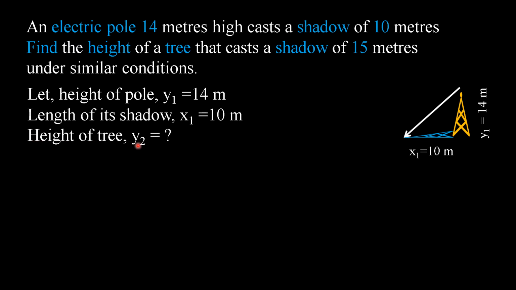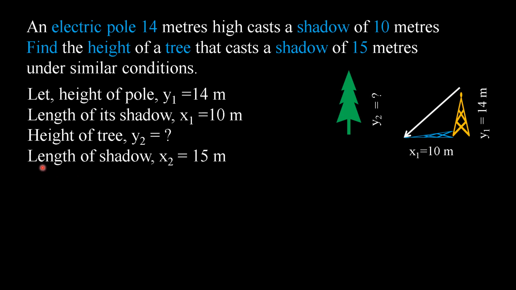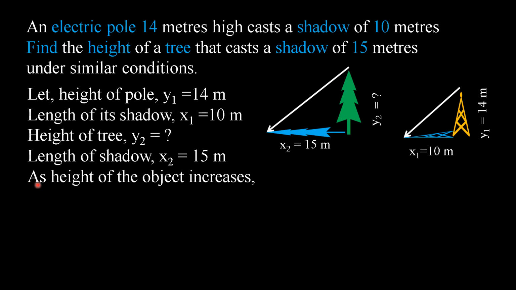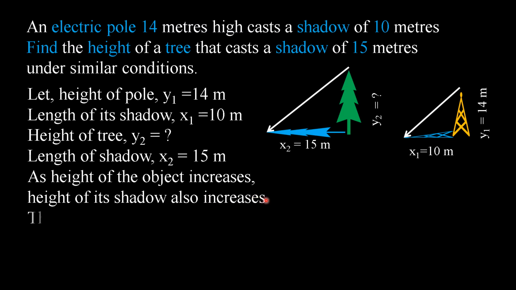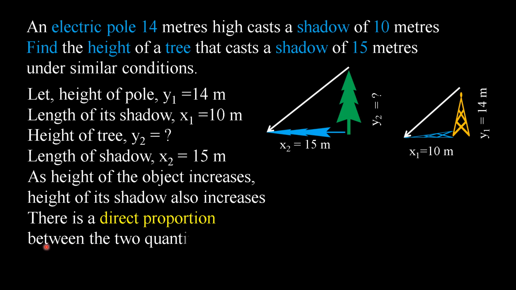Height of the tree y2 we have to find out. Given that length of the shadow x2 equals 15 meters. As height of the object increases, height of its shadow also increases. So there is a direct proportion between the two quantities.